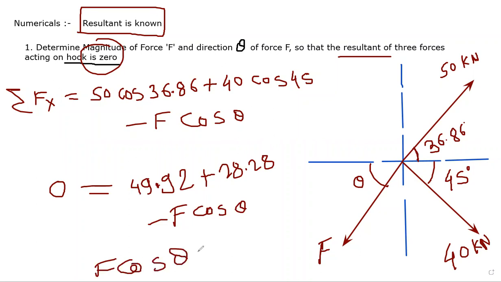Tell me how much. So 50 cos 36.86 is 40 kilonewtons. Is it 40? Yes, sir.